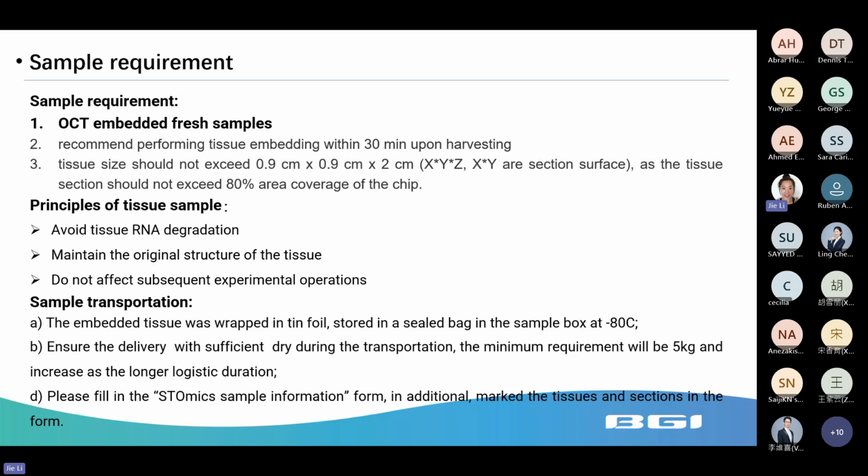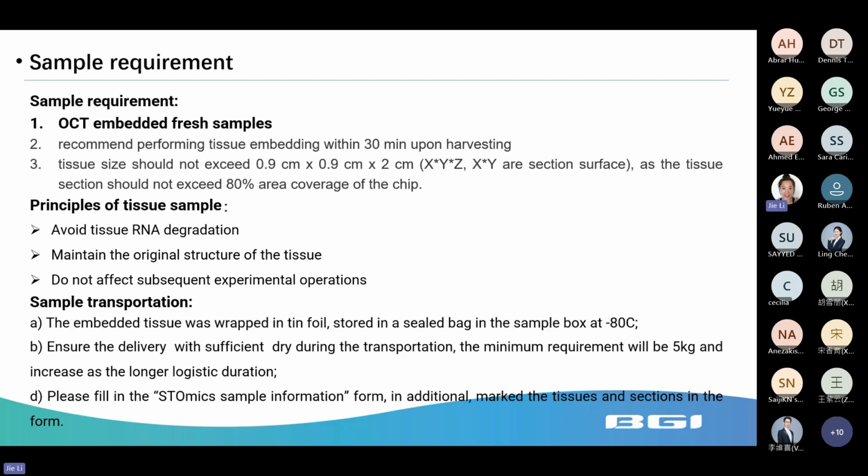For the thickness, we suggest it not exceed 2 centimeters, and we also suggest the thickness of the OCT samples be greater than 4 millimeters.